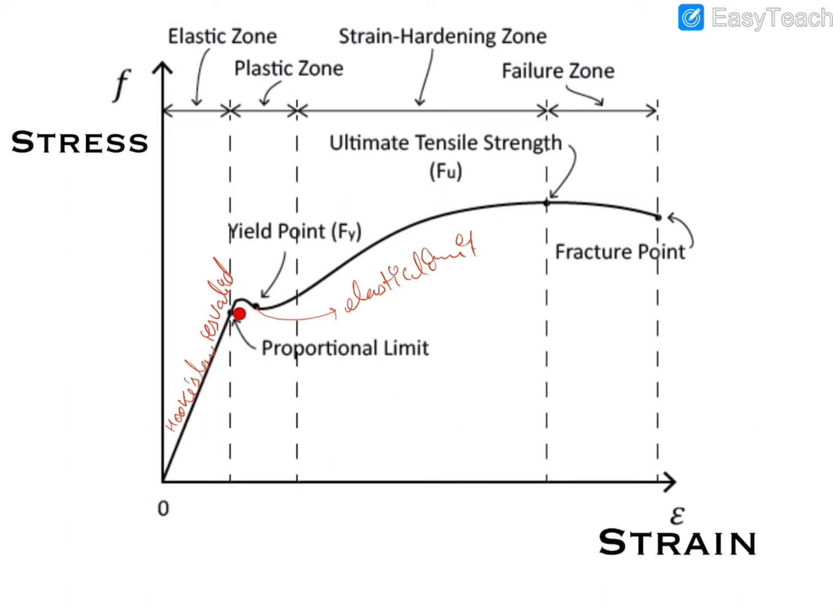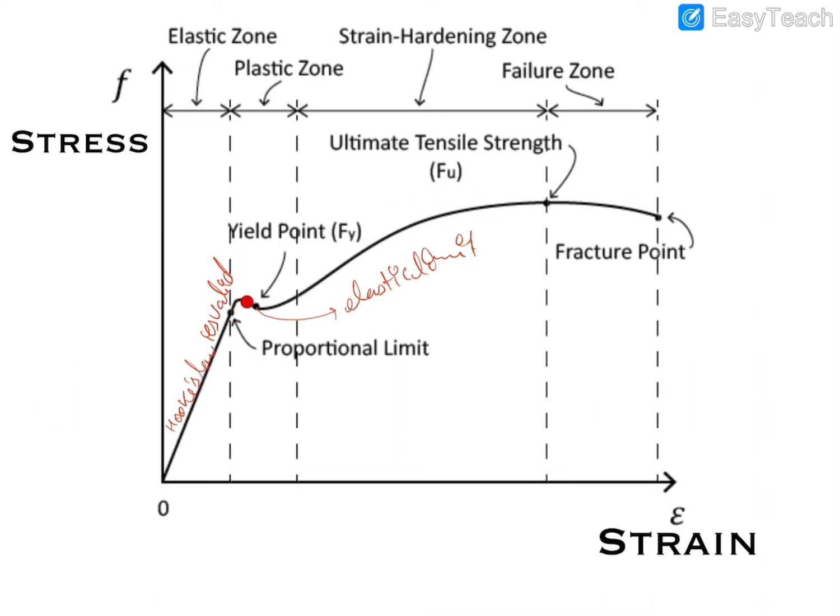The relationship between stress and strain is not linear, but that doesn't mean that the body is not elastic. The body is perfectly elastic in this region also, and it was elastic in the proportionality region also. So till this region, the body is elastic, but the variation of stress with strain is linear only till this point.